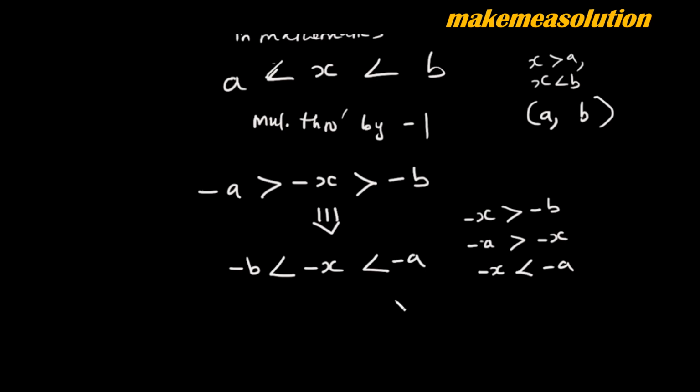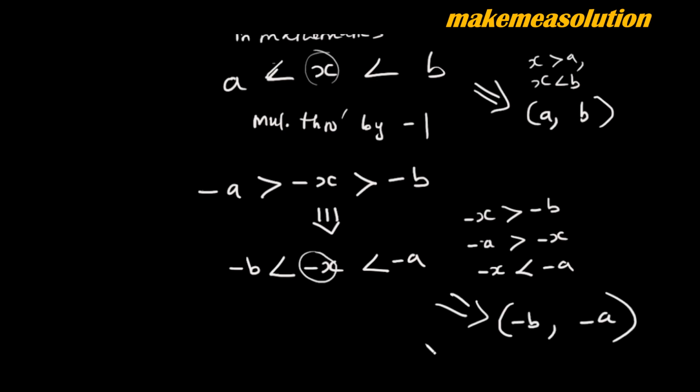Minus a. Very good. So we have seen that if this is the positive aspect of this interval, the positive aspect translates to this, a to b. Then the negative aspect of this interval translates to this version, minus b comma minus a. Do you understand? Now this is the summary of it.